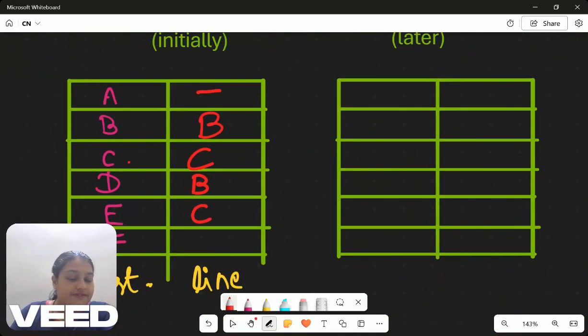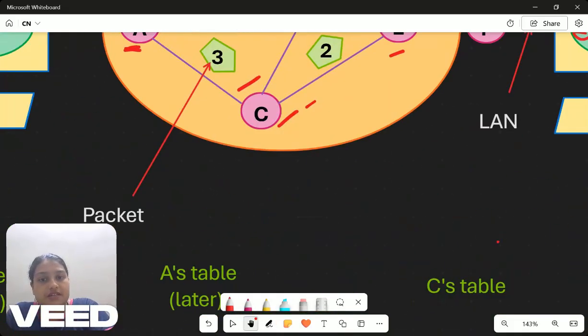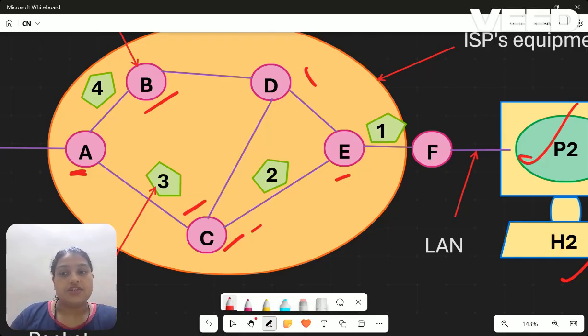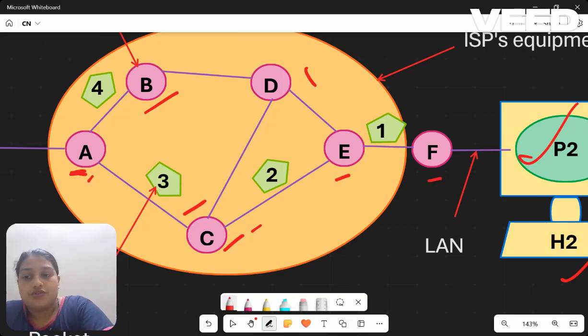Then I have F. F means it is starting from A, right? Because this is A stable, so it's starting from A. We take in consideration A stable. So that's why we are taking A. So here A is anyway the starting point, right? So I need to reach F. After A, where is it going?